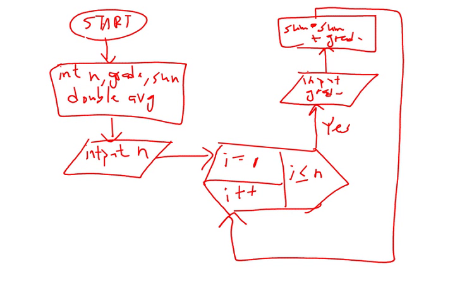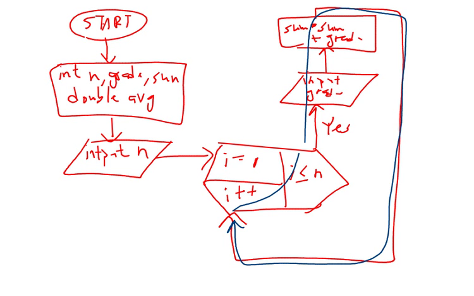Is it less than the number of grades? Yes. So you can see that this is the loop. Let me show that in blue here. This is the loop. It just keeps looping until I is no longer less than or equal to n.